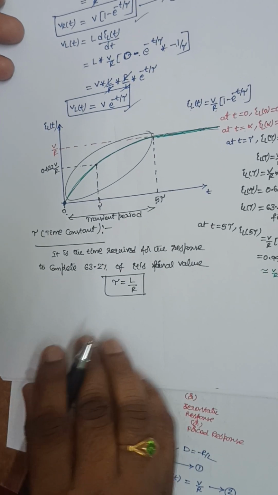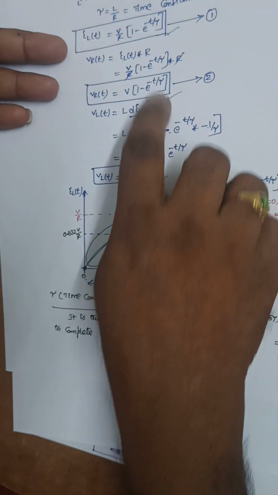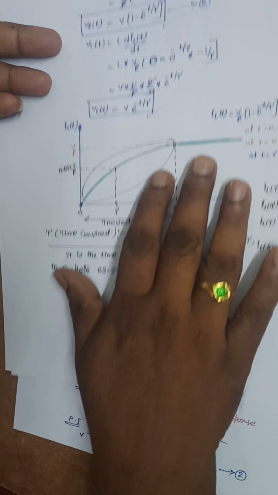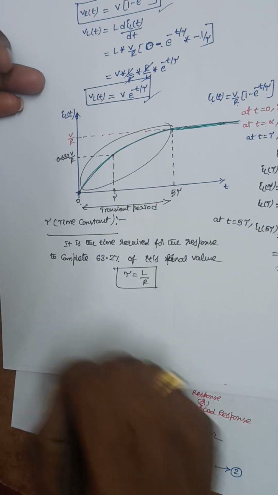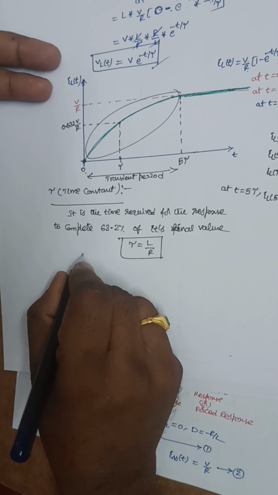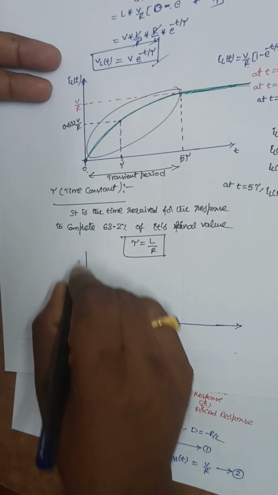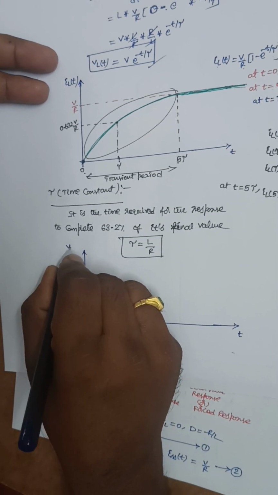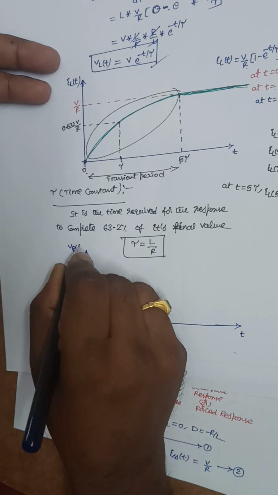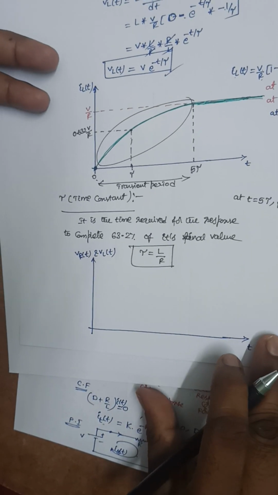Okay. Now if I want to draw the curves for this VR of t and for this VL of t, so first let me draw this VR of t curve here. Here I am drawing VR of t and also VL of t, both the curves in one graph.